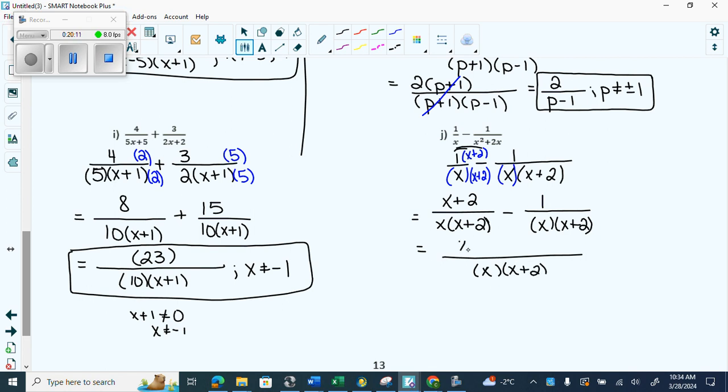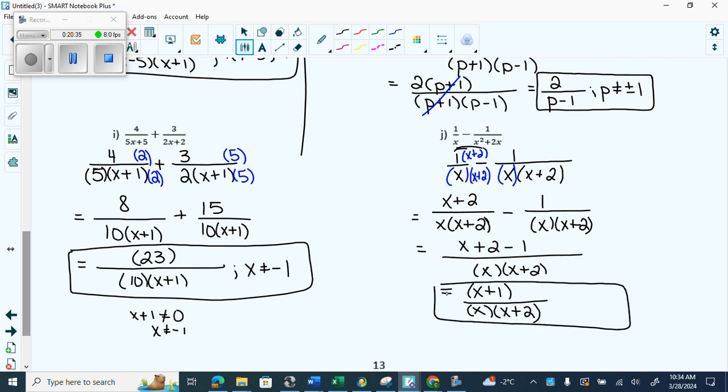And we get x plus 2 minus 1, which is what? X plus 1, which is a human, right? And then an x, and then an x plus 2. Now some people try and cross this x in the denominator off with the x plus 1, but the x plus 1 is a human, and the x is a snowball, and we cannot cancel those. Correct? So we're done? NPVs. So we have x can't equal negative 2 and 0.